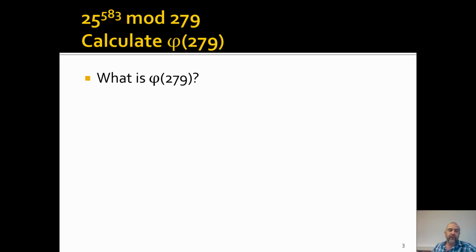Well, in this case we have to know what kind of number 279 is. I can quite easily see that it's not a prime number, it's a multiple of 3. If we add all these digits of 279, we get 18, which is a multiple of 3, so then the whole number is a multiple of 3. It's not a prime number, but what combination of numbers is it?